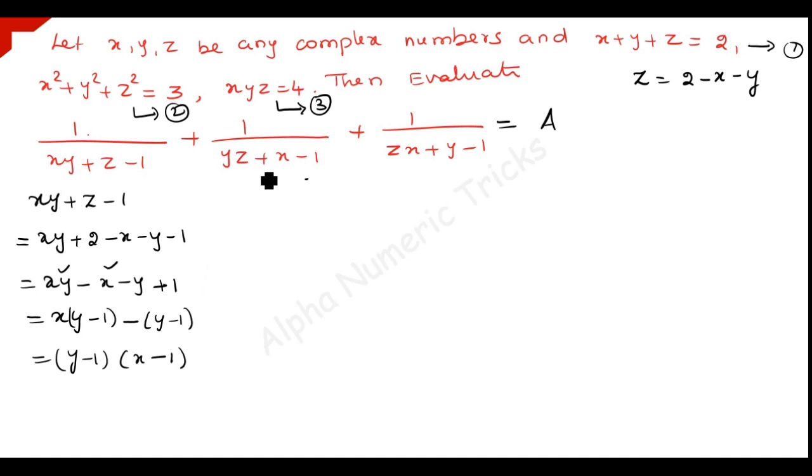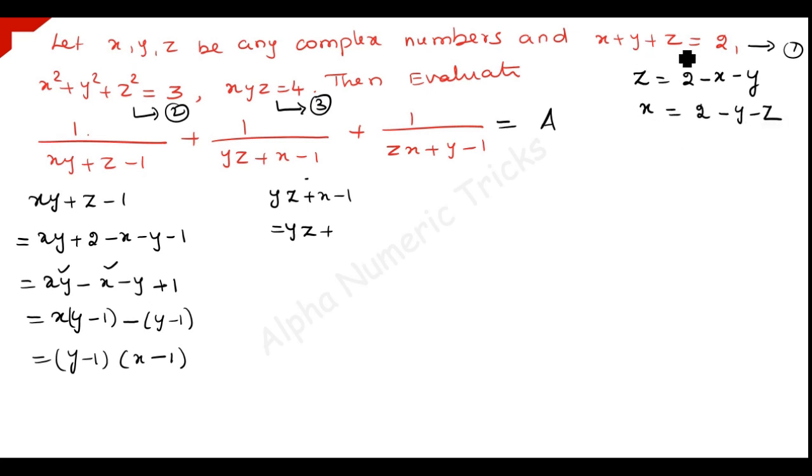In the same way, we rewrite this also. Okay, so yz plus x minus 1. How can we write this? Here x can be written as, from equation 1, x is equal to 2 minus y minus z.